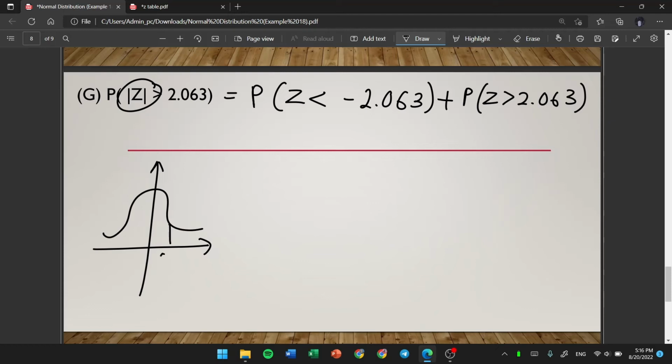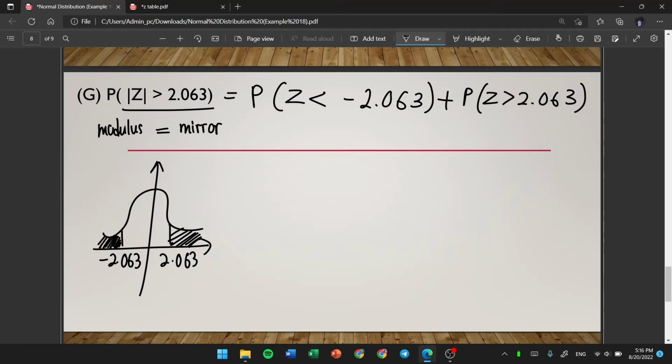So 2.063 we keep on this side, and another one we put negative 2.063, because you always know it is like that. Now you see, the first Z we say greater than, so we just copy the original one. Don't bother with the modulus first. If they use modulus, it's easy for me to say it's like a mirror. Modulus right side, left side also same modulus. So like this, we shade here.